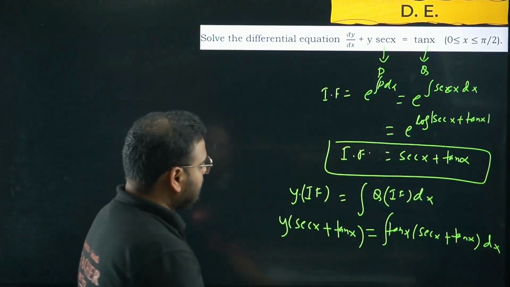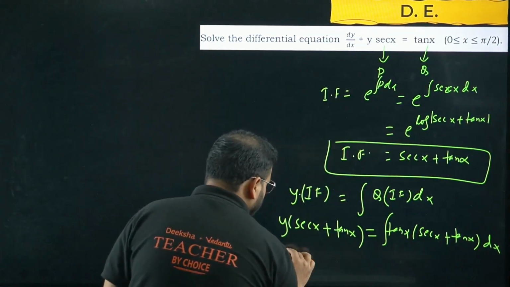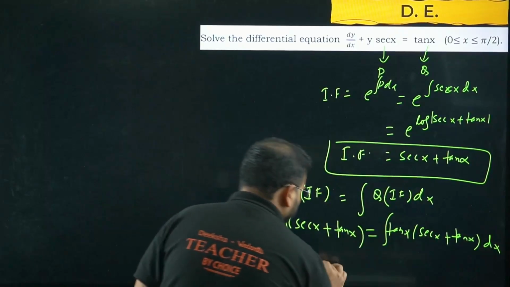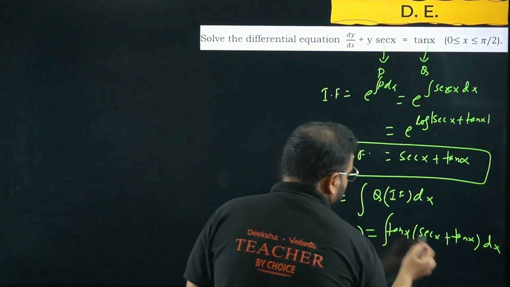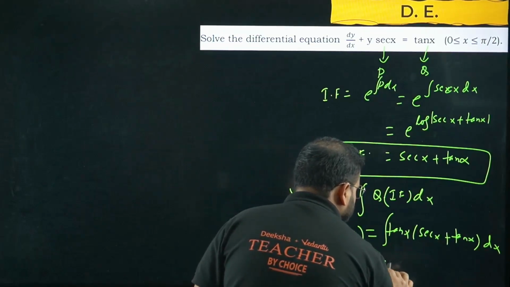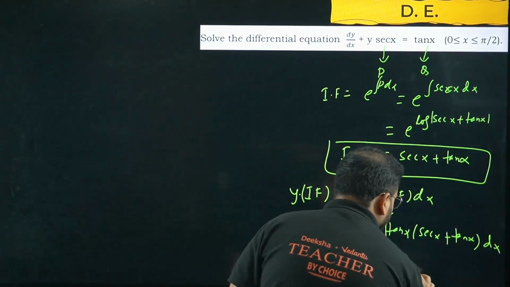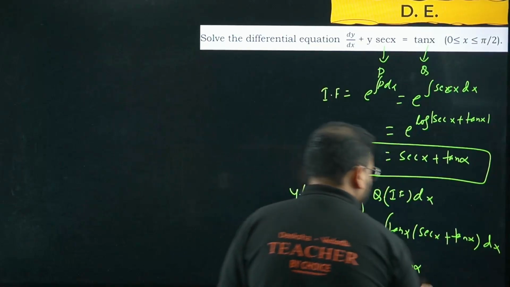Not a problem. Now open the bracket. I get y times sec x plus tan x equals, multiplying these two, sec x tan x plus tan square x.